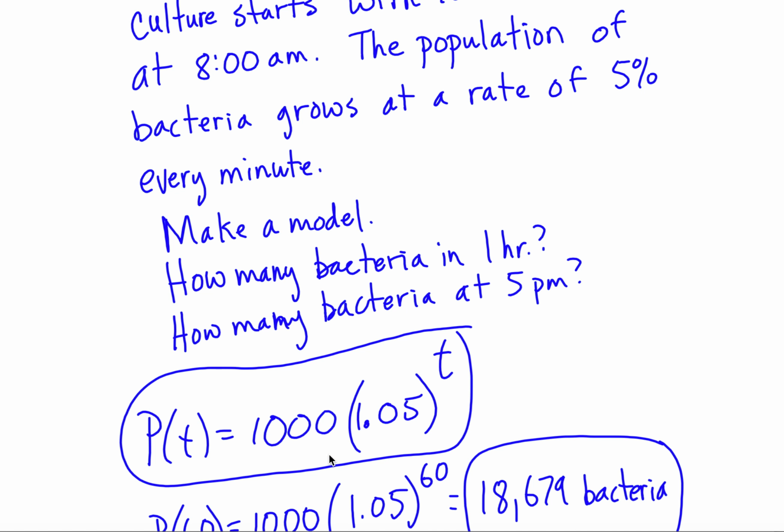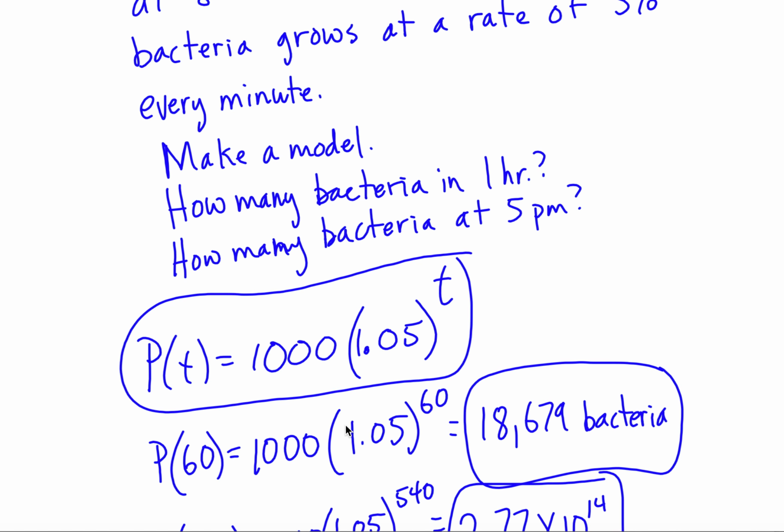So this gives us our model. 1,000 is what we started with, and then we multiply by 1.05 every single time period. That means we're going to have an exponential function, because multiplying every single time means you're multiplying by itself a bunch of times. And that gives you an exponential process.